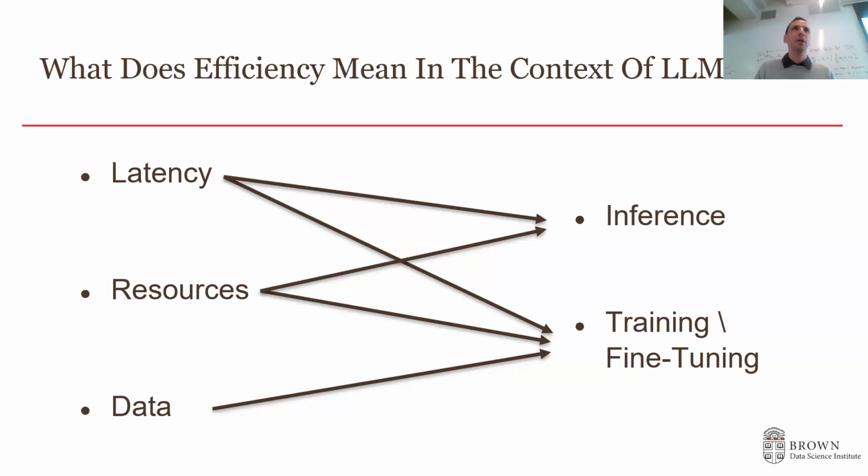Some of them treat both, but most treat only one. And some of them even undermine the other process. That means we can have a model that is very efficient in fine-tuning but less efficient in inference, and vice versa. So you need to keep in mind where exactly you want this efficiency to happen when you talk about efficiency in LLMs.